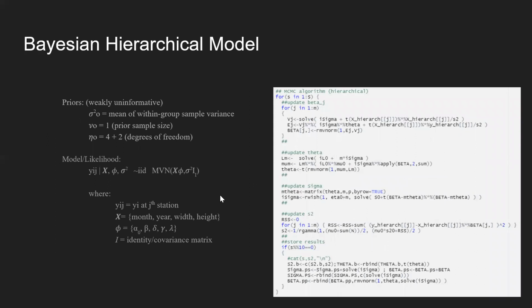Likewise, but in a different approach, we also used a Bayesian hierarchical model. Here our priors include weakly informative priors. So we include a prior variance within group of our gauging station, and then the prior for sample size, and included here are also the degrees of freedom that we have to set up for our Markov chain Monte Carlo algorithm.